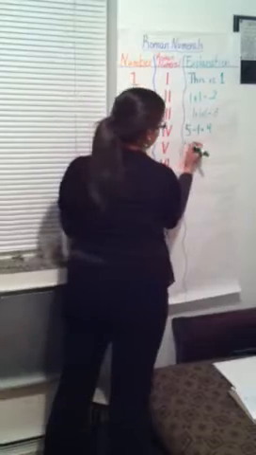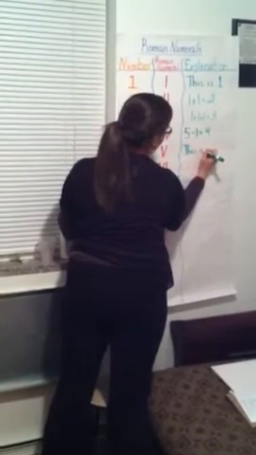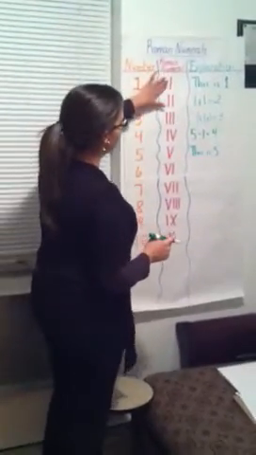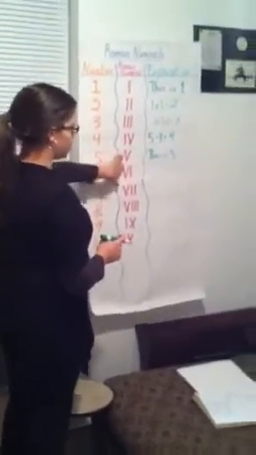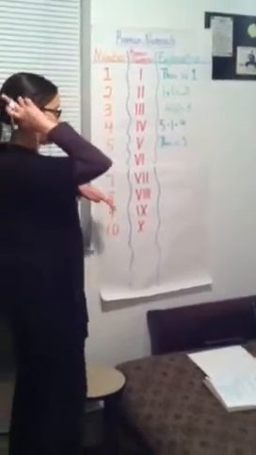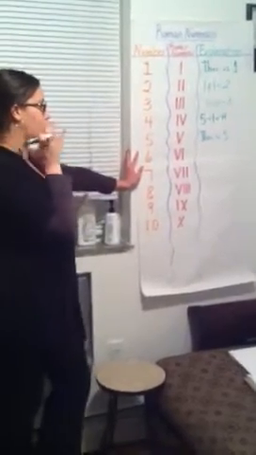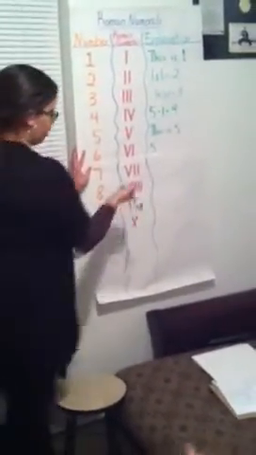Now 5, easy. This is 5. If you memorize what this stands for and this stands for the V, it'll be very easy to figure out the rest of the numbers. So let's do 6. So Thomas, what do you think they did with the 6? How do you think they came up with the number 6? Because 5 equals V, and 1 equals I, they put V plus I. Very good.